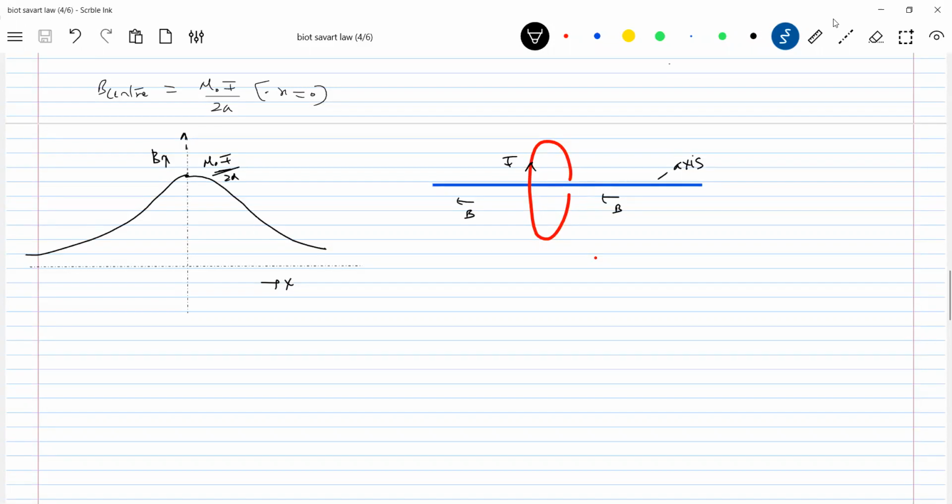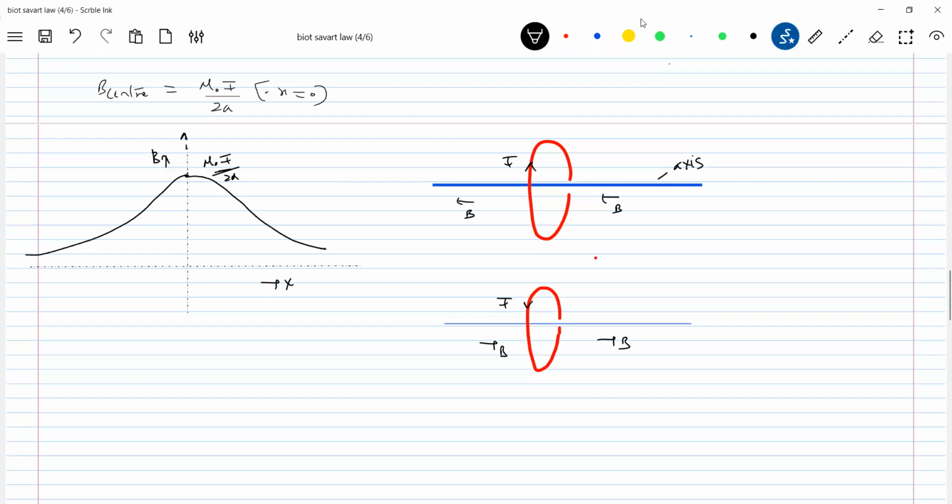Now, similarly, if this is the axis, and if the current flows in this direction, B bar will be in this direction.